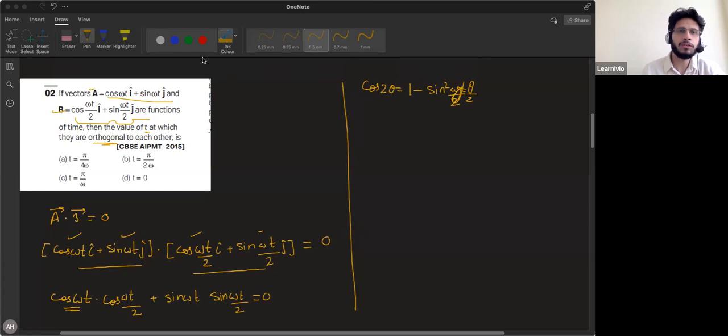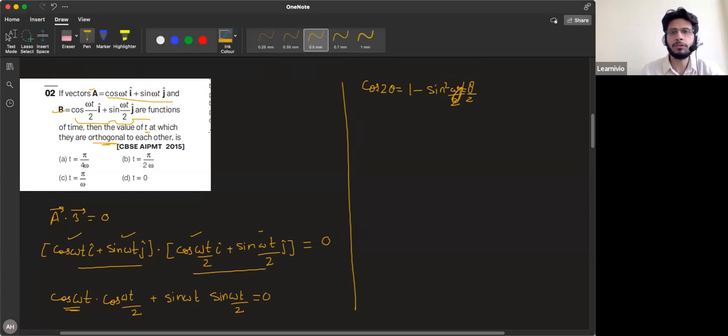No need to convert this in half angle. That's a lengthy approach. As Priyadarshini says, this is the cos a minus b identity. Okay, I got one answer from Priyadarshini. What about the rest?